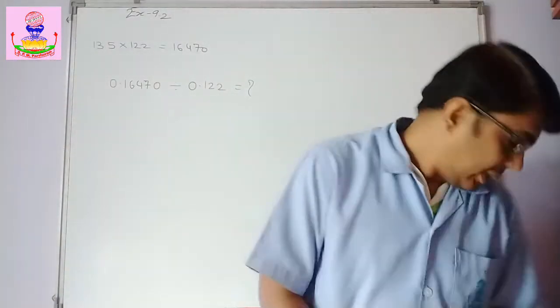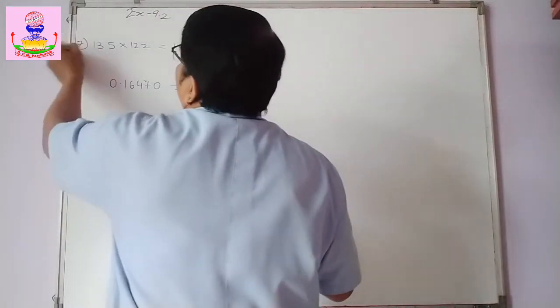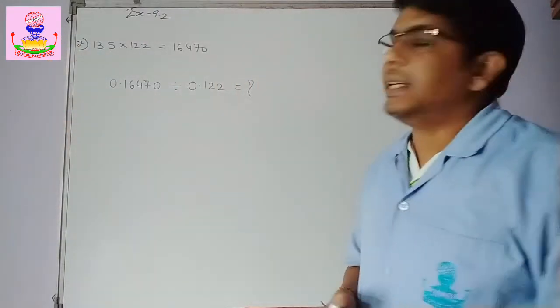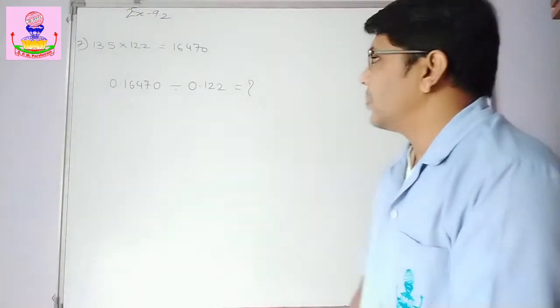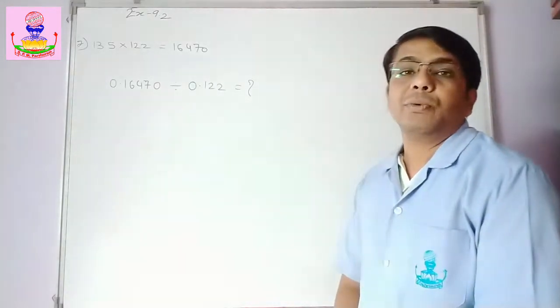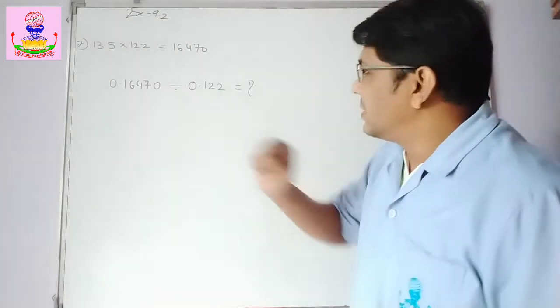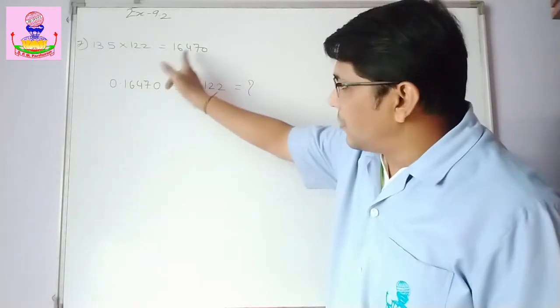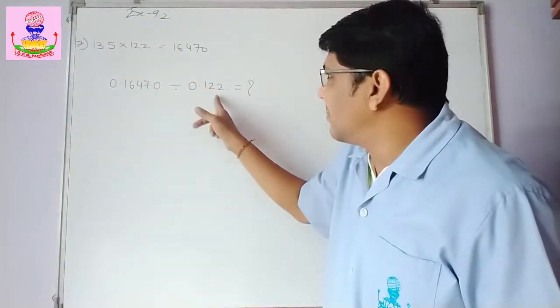Now see example number 7. Okay, example 7: 135 into 122 is equal to 16,470. So 0.16470 divided by 0.122 is equal to how much? First thing, see here, 16,470, the same number is here. 122, same number is here.